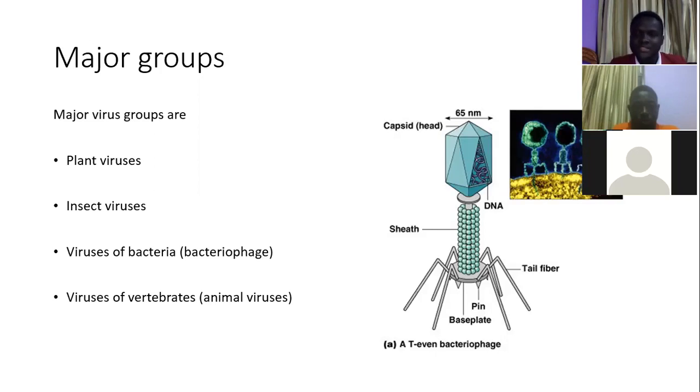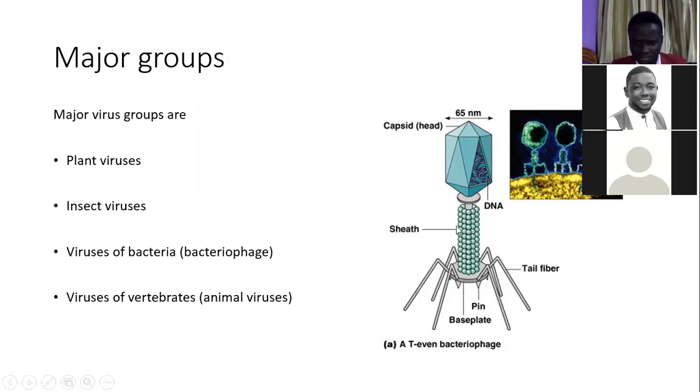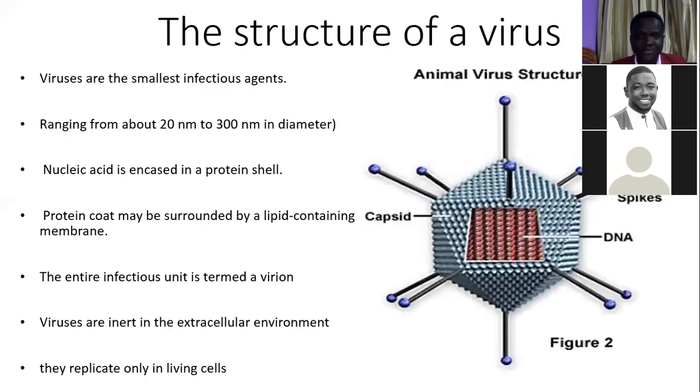But we have viruses that infect bacteria, bacteriophage. So the diagram you see here is a bacteriophage virus. Back at school, those of us who study science are familiar with this structure. This is a bacterial virus, a virus that infects bacteria. We have animal viruses, that is viruses that infect humans. Examples are the coronavirus and the human immunodeficiency virus.